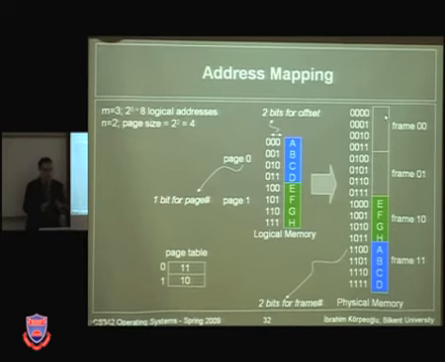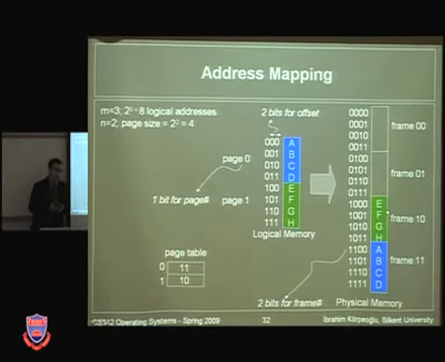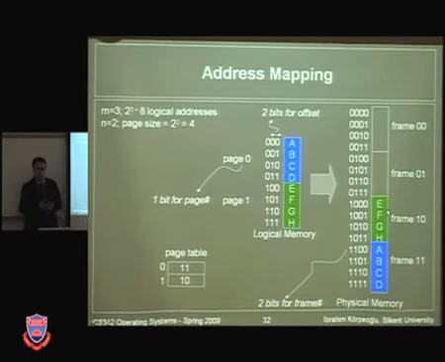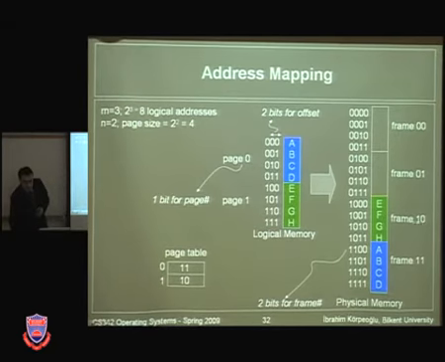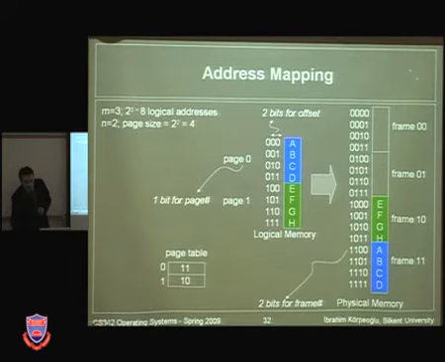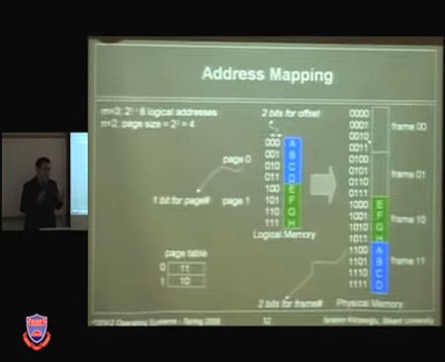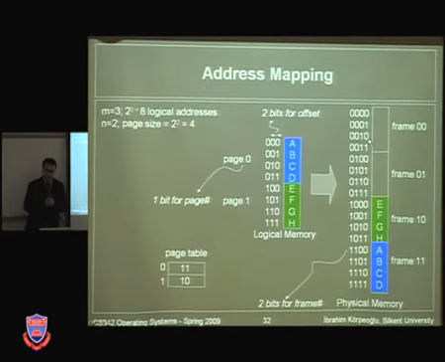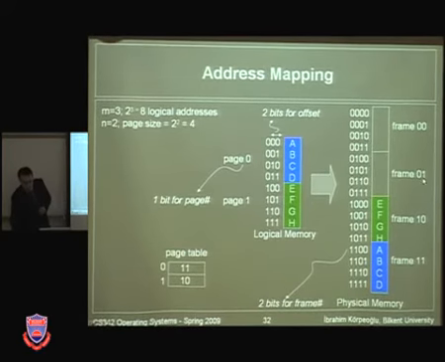So the frame size is 4, and the offset values of the bytes stored in a frame, for that offset, how many bits do we need? 2, again 2, right? And for the frame number, how many bits do we need? How many frames do we have? 4 frames, right? How do we obtain that number? We divide the physical memory size by the page size, and we obtain the number of frames in the physical memory, right? So this is, for example, frame 0, 0, 0, 1, and so on.